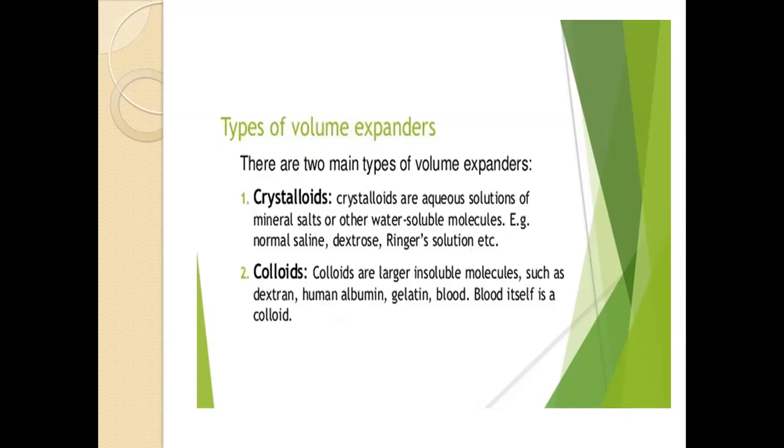There are two types of plasma volume expanders: one is crystalloid and the second is colloid. Crystalloids are aqueous solutions of mineral salts or other water-soluble molecules, for example normal saline, dextrose and Ringer solution.